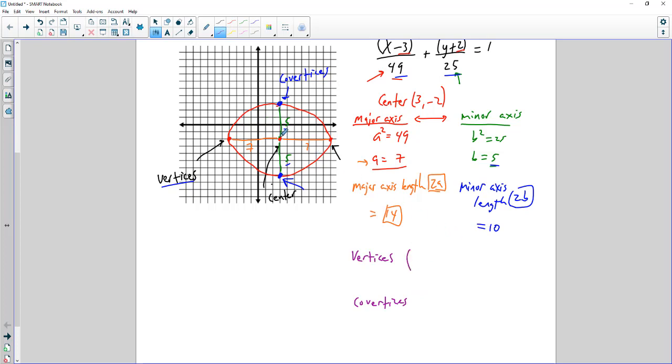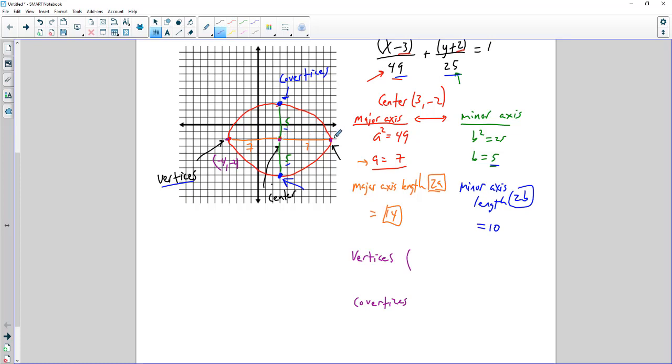So the vertices right here, if this is centered at 3, -2, if I'm going along the x-axis, along the major axis here, I'm going parallel to the x-axis, so I'm going left and right for the major axis. What is this coordinate? What is this coordinate? I'm just going to subtract 7 from this center x value, which is 3. So 3 minus 7 will be -4. Okay, -4 and -2.